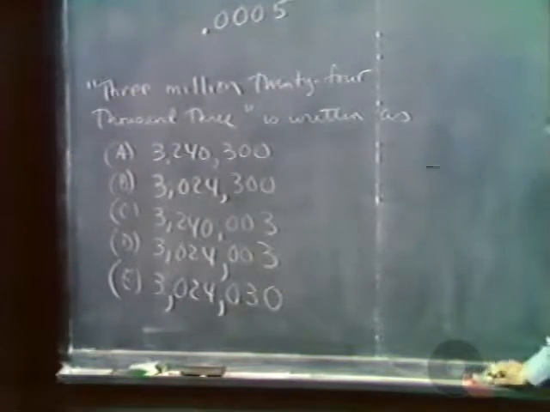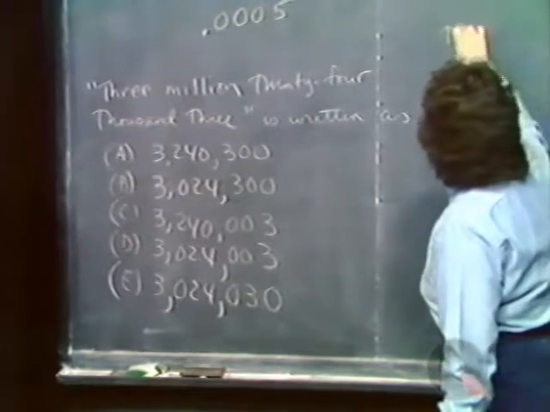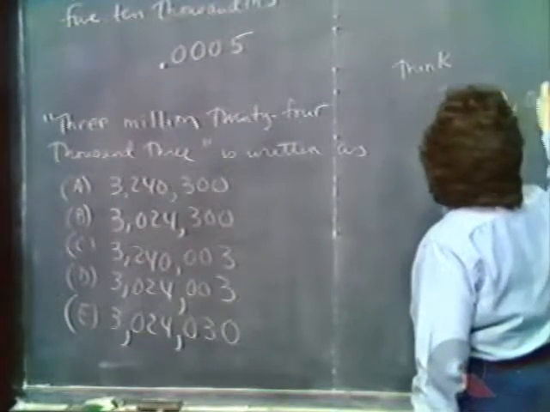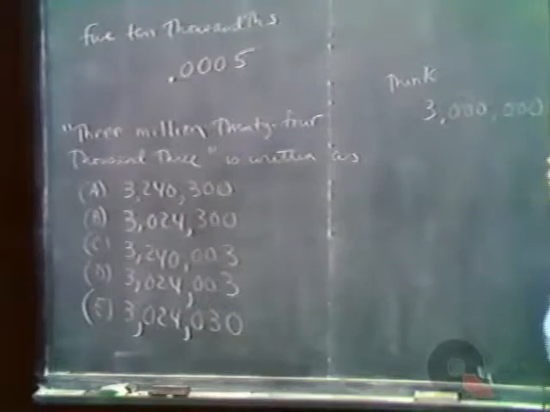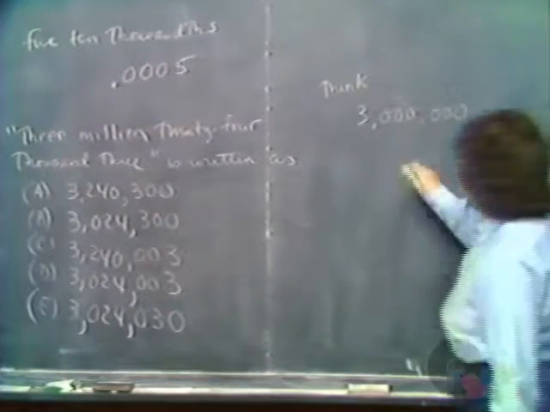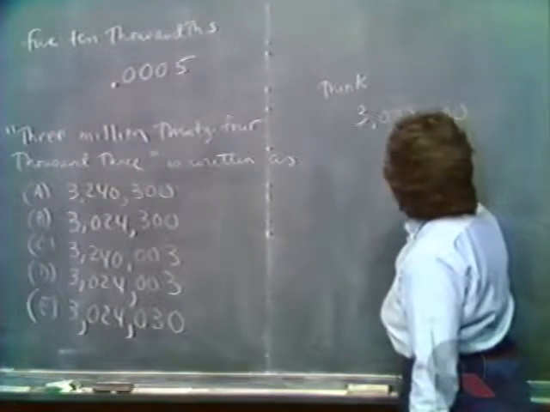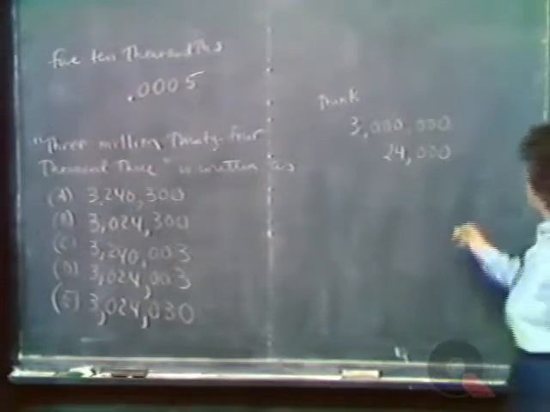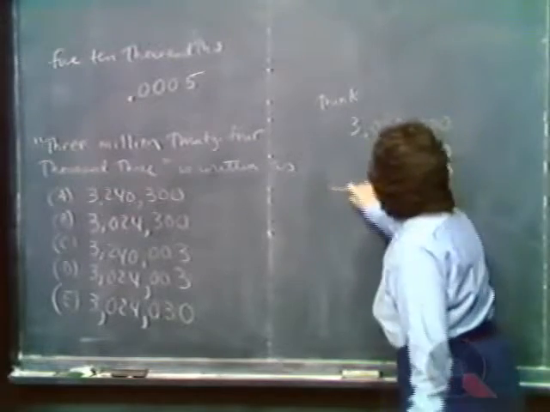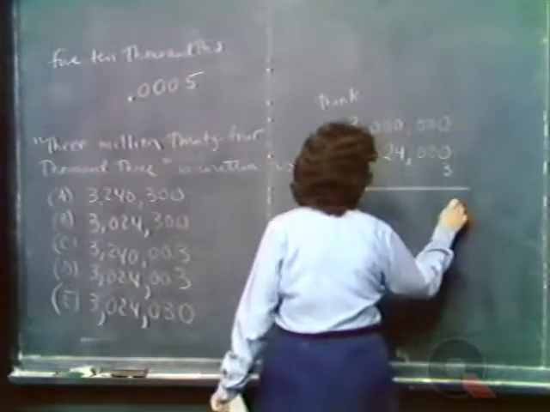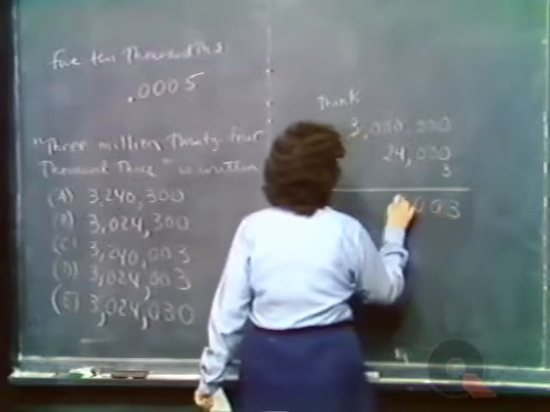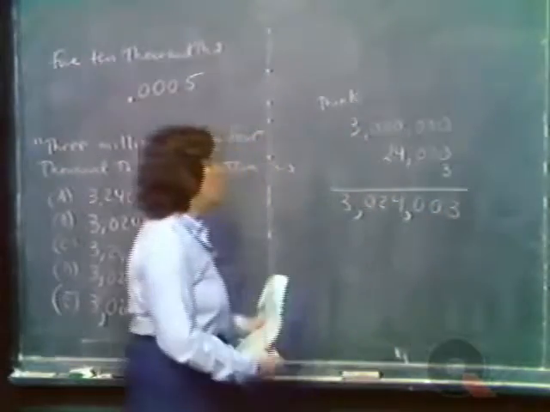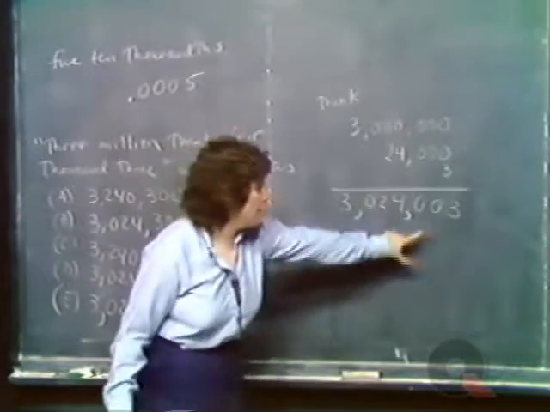We're going to think 3,000,000, 3 followed by 6 zeros, plus 24,000, plus 3. And we'll add this up and we'll get 3,024,003.